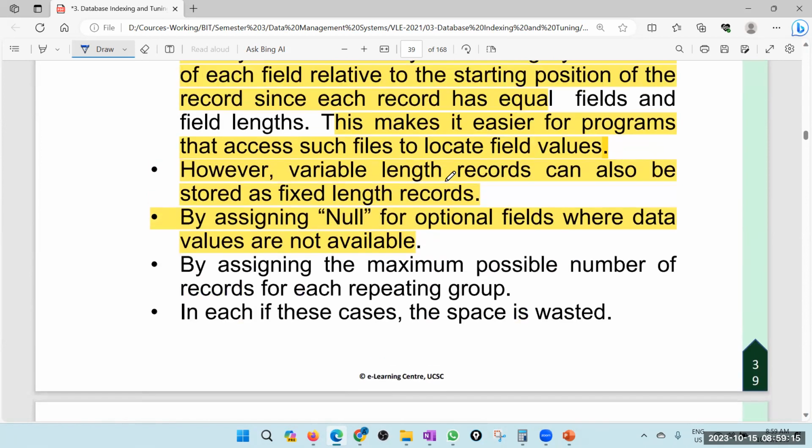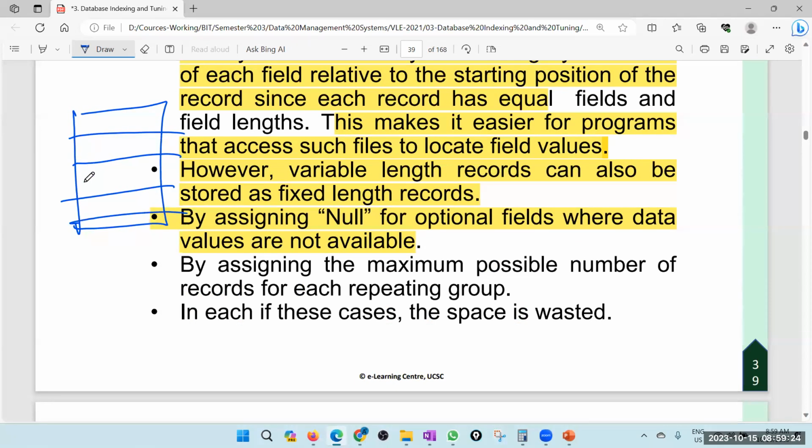Okay, and also there are some special cases we have to think about. In fixed length record, what happens when you want to delete a record? Because we calculate based on the offset. So sometimes if it is a fixed length record, when we delete, we just have to mark it as deleted rather than deleting it.